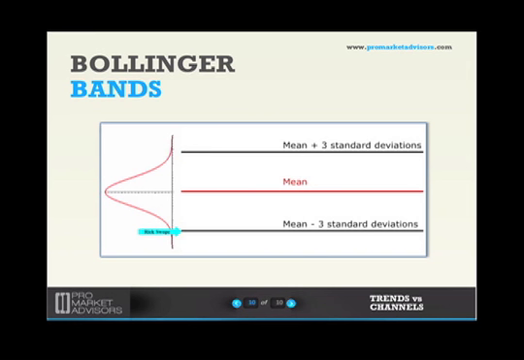Which means that if we get a candle and the closing price on that candle is outside, either above the top one or below the lower one, we could say with pretty good confidence that something has changed. And that simple term, something has changed, becomes a trade signal for the trader.